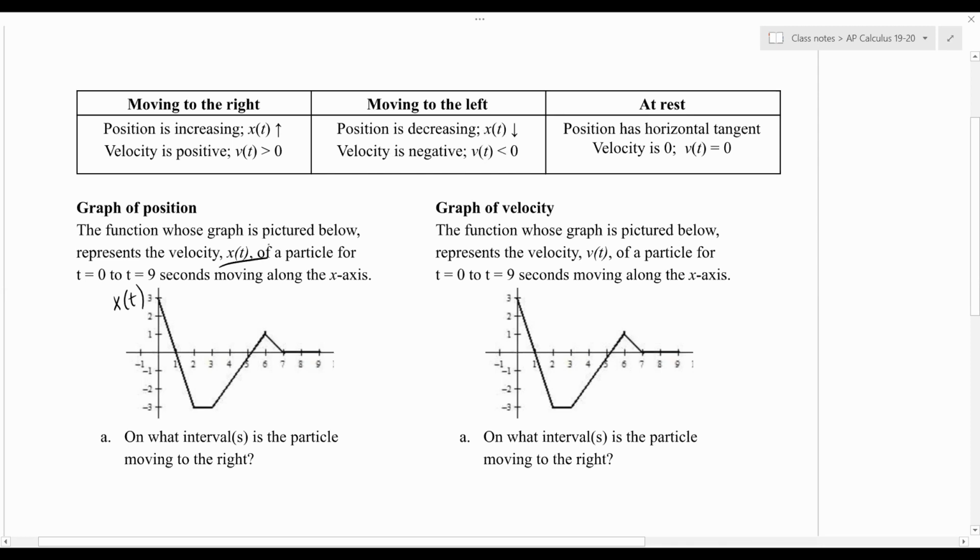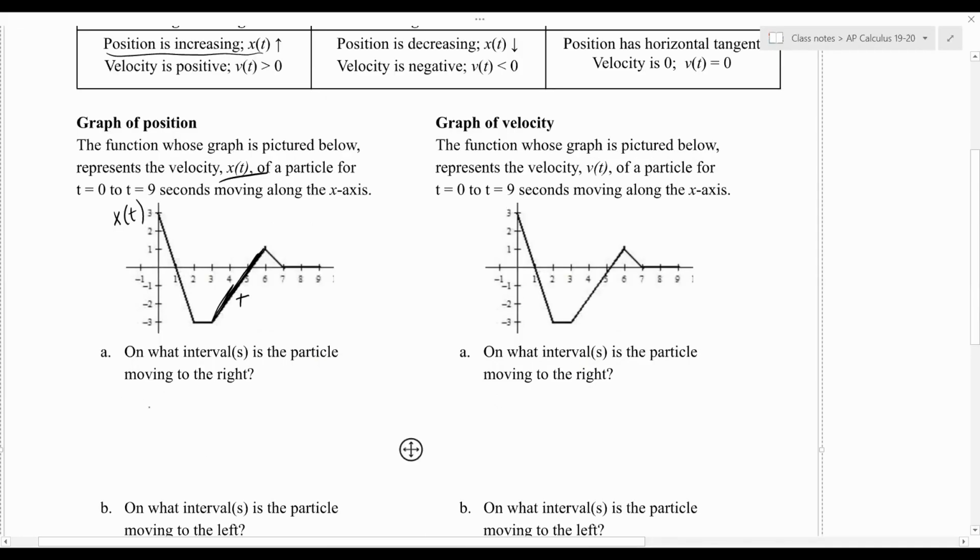So if we want to find when the particle is moving to the right, we have to look, where is the position increasing? Increasing means going up, having a positive slope. So if I look here, the only spot where it has a positive slope is here. The slope is positive between 3 and 6.